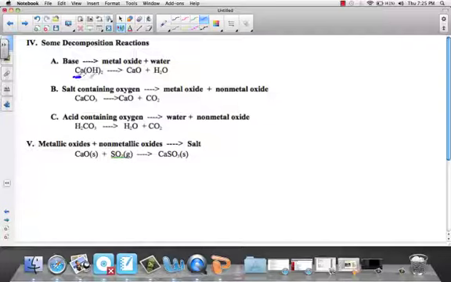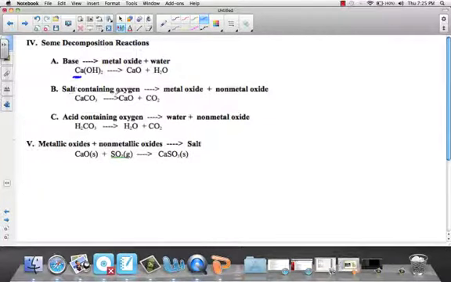It's a metal, and we said before that a metallic oxide and water forms a base. So if we have a base, it's going to produce a metal oxide and water. It's the reverse of what we just did.